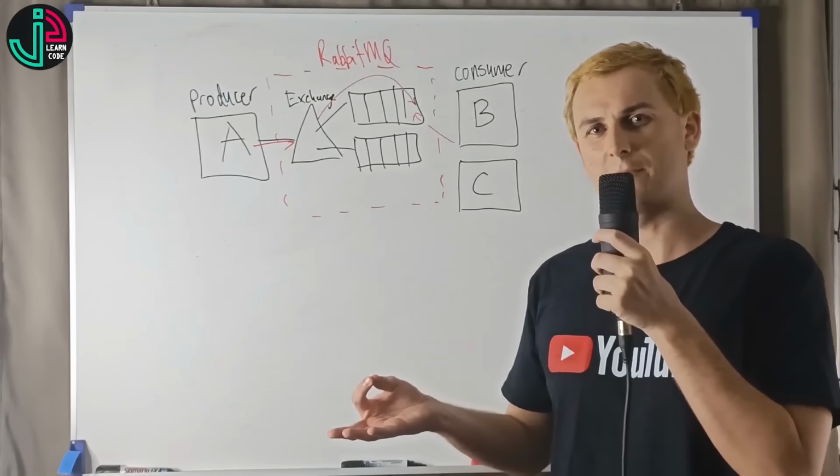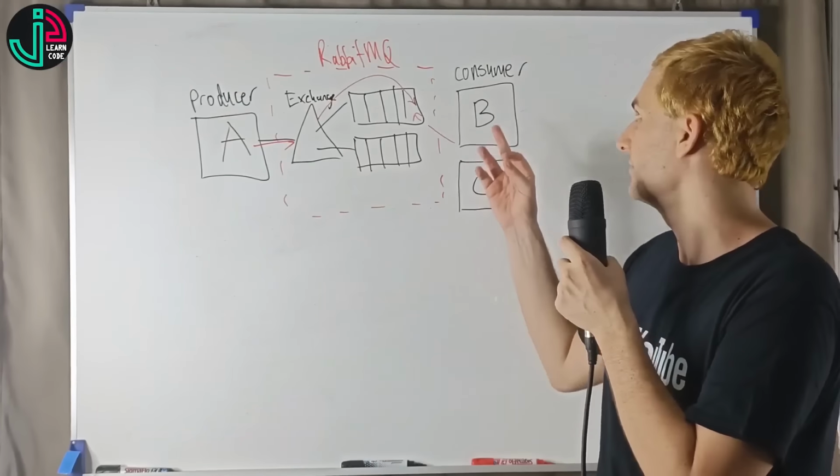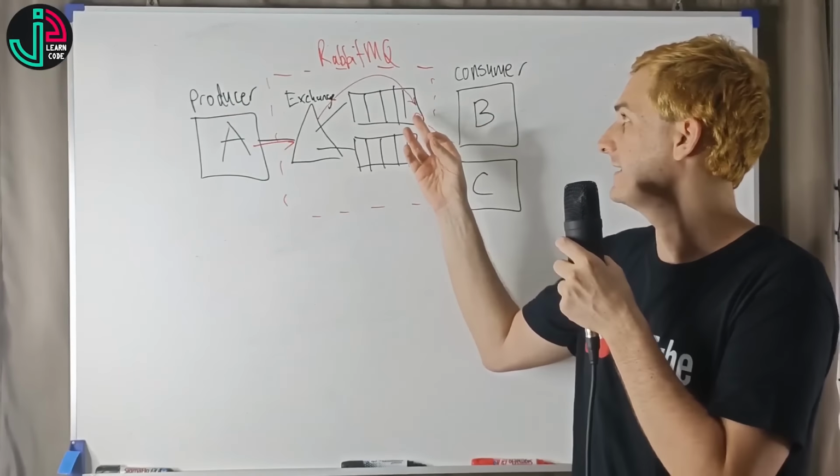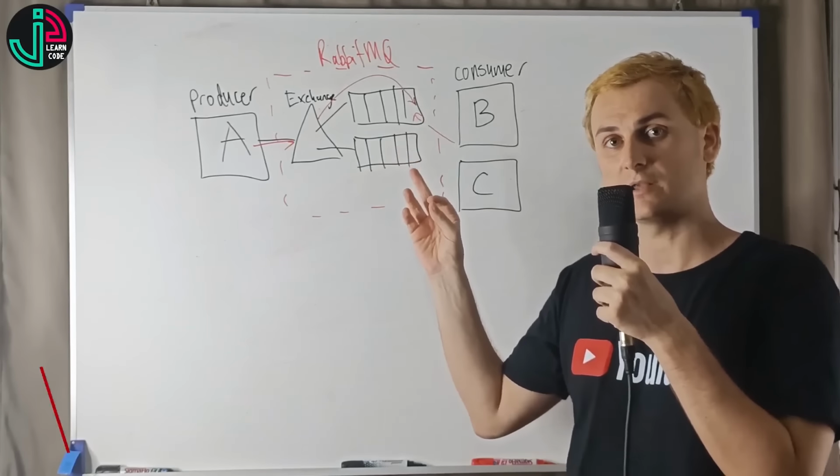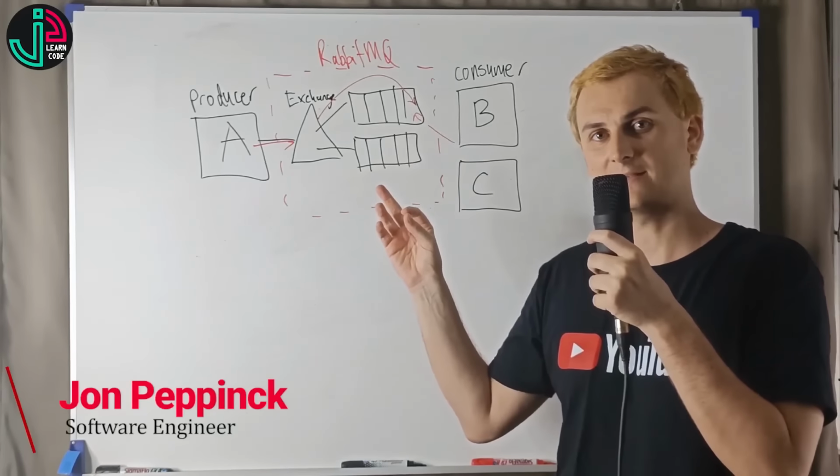Another technical point about RabbitMQ is that when the consumer receives a message from the queue, it's called an acknowledgement, and you may see this in the code as an ACK.